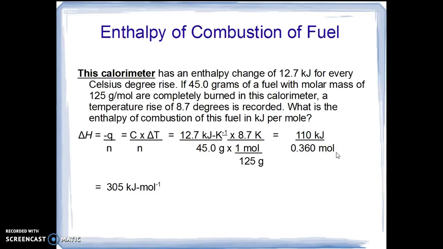There are 3 significant digits, except for the temperature change, so there's probably only 2 in the final answer. But the final answer is going to be 305, which you could round to 3.0 times 10 to the 2 kilojoules per mole.